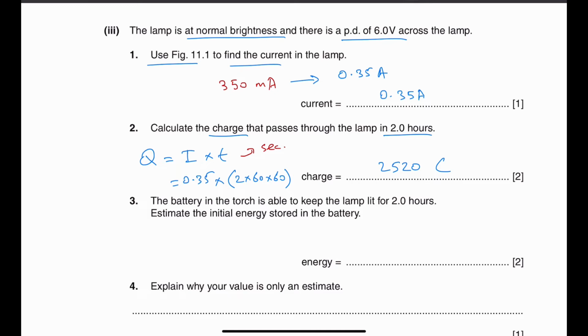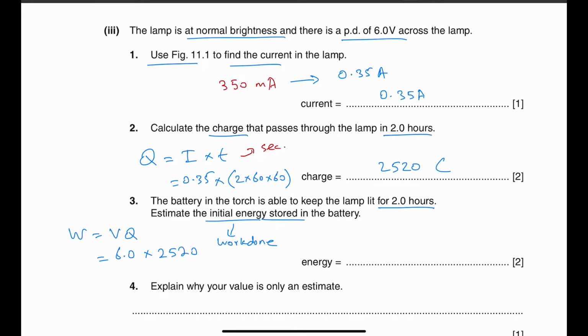Now the battery in the torch is able to keep the lamp lit for 2 hours, so calculate the energy stored in the battery. Well, if there is a certain amount of energy stored in the battery, that is the amount of work that can be done by the battery. So how do you find the work done by the battery? Well, work done will be voltage of the battery, the EMF of the battery, times the charge that is flowing through the circuit. So the voltage of the battery, if you remember, was 6.0 volts, and the charge is what we have just found in the previous part.